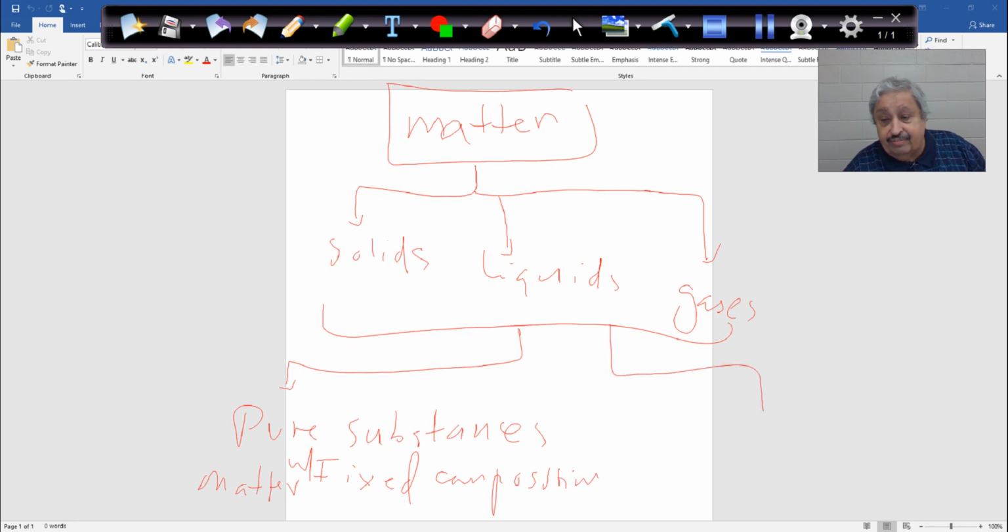And we have mixtures. Now, mixtures are a combination of two pure substances or more, correct? So mixtures are a combination of two or more pure substances.